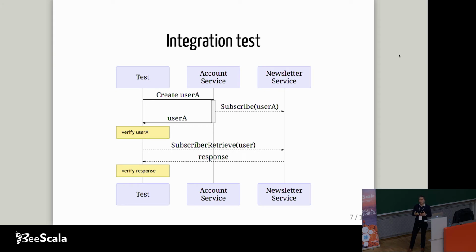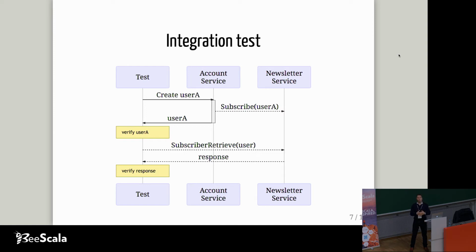Now, an integration test would look more like this. As I told you, it creates the user first, and then expects that the account service is going to subscribe the user to the newsletter service, and then I should receive the user as the response to the REST call.